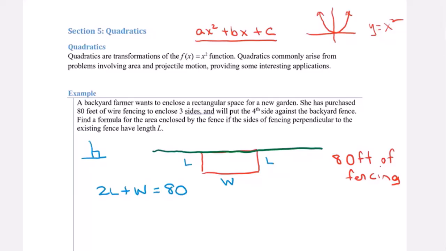That's if I add the length of each side and the width of the garden, that's what I'm going to use my 80 feet of fencing for. We could call this the perimeter, because it's around the outside. We also want to find the formula for the area, and the area is length times width, always, okay?